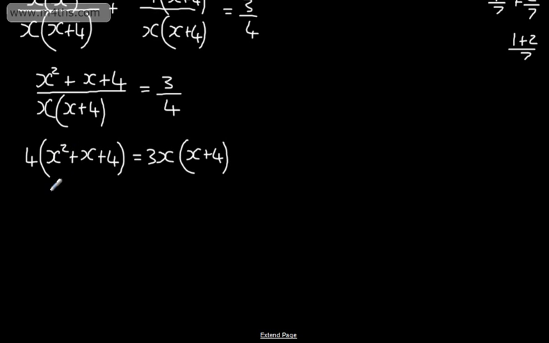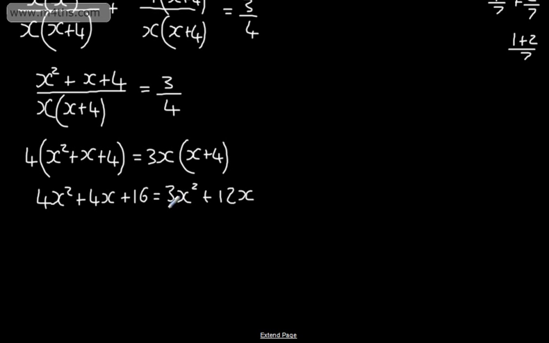I'm now going to expand this out, so we're going to have 4x squared plus 4x plus 16, and expanding on the right hand side we're going to have 3x squared plus 12x. I want a quadratic equation in the form ax squared plus bx plus c is equal to 0, and I can look to solve.